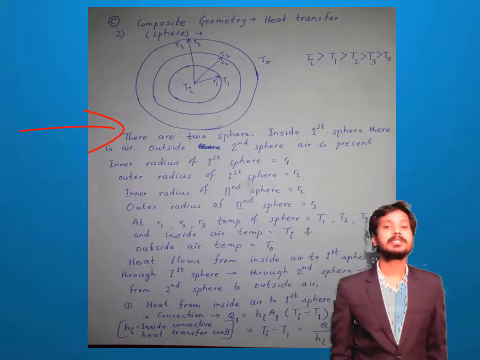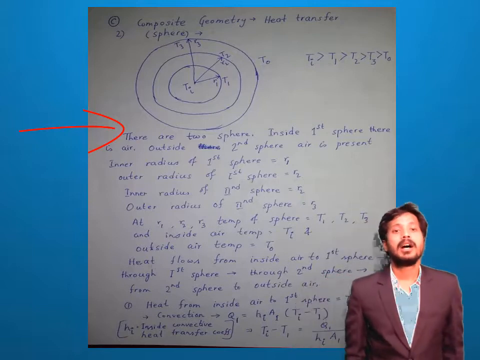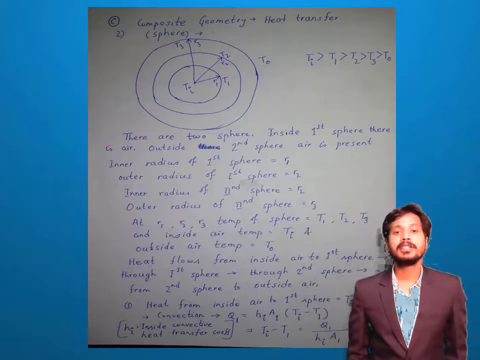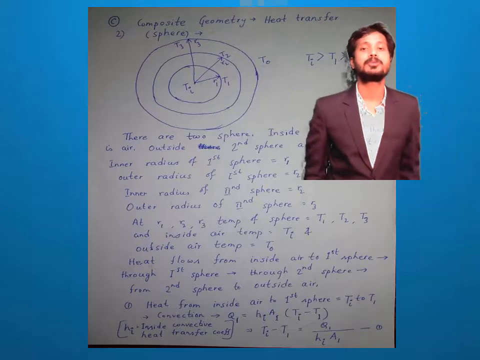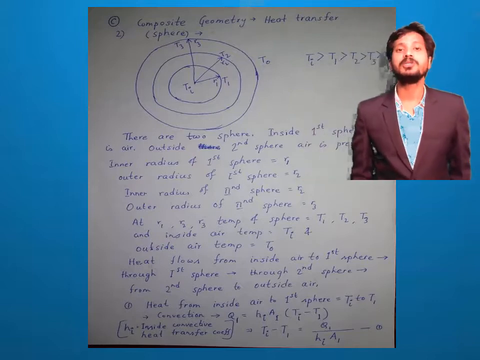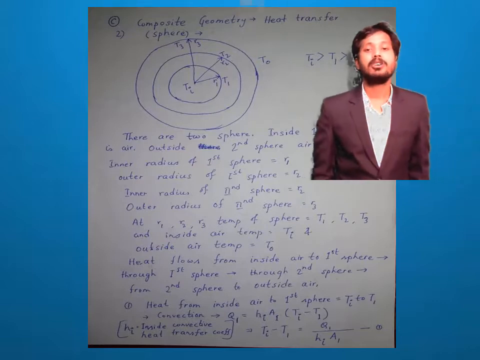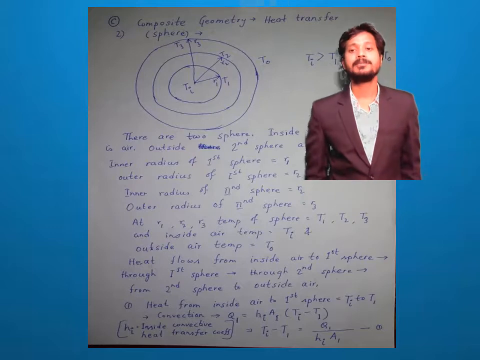The inner radius of the second sphere is R2 and its outer radius is R3. At radii R1, R2 and R3 the temperatures of the spheres are T1, T2 and T3, the inside air temperature is Ti, and the outside air temperature is T0. So this is all about the diagram.